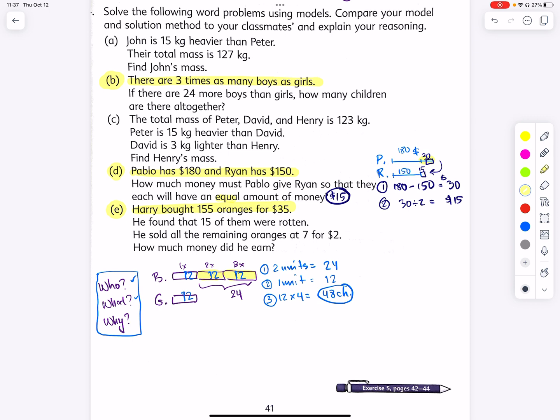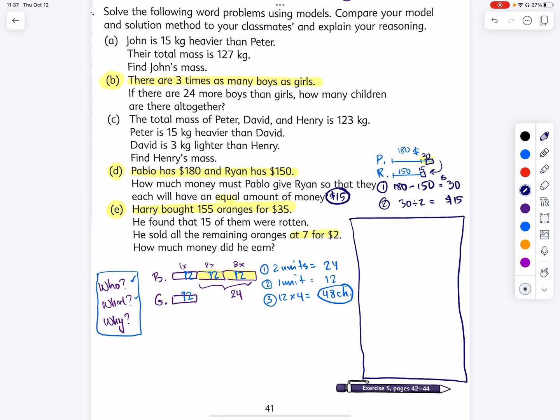He sold all the remaining oranges at 7 for $2. How much money did he earn? My friends, this is a multi-step problem. Let me create a little space for this problem right here. Okay, and let's talk about the solution.